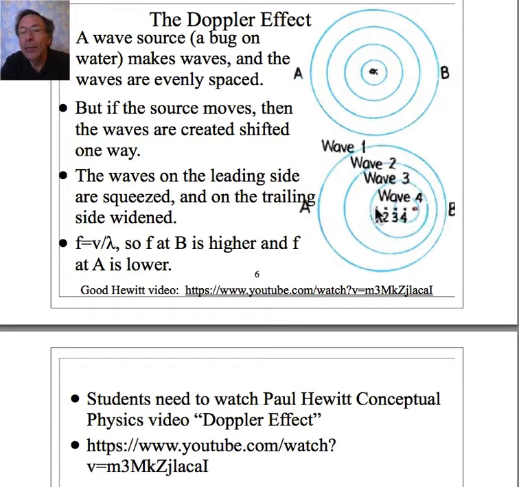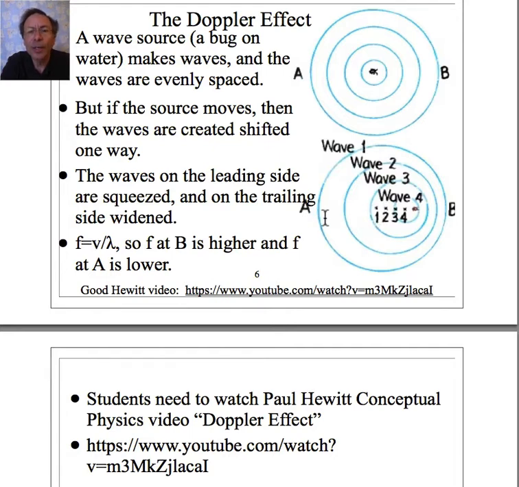Or if this was light waves rather than water waves, you'd see a higher frequency of light waves, which would appear blue. So that would be called blue shifted. On the other hand, the observer at A, because these waves are further apart, sees a lower frequency for the waves coming in.